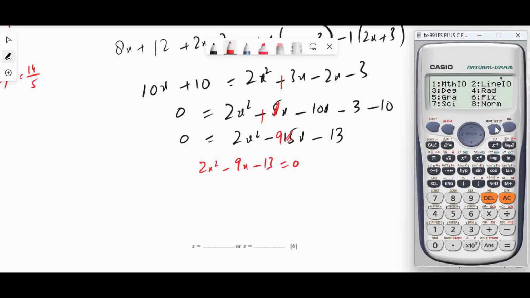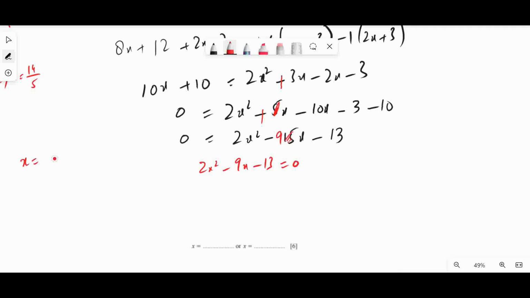So shift mod 5 3, and now A is 2, B is minus 9, C is negative 13. So this will be equals to, so we can see that we cannot perform this one using the, okay, so it means that we need to show our working using the quadratic formula.